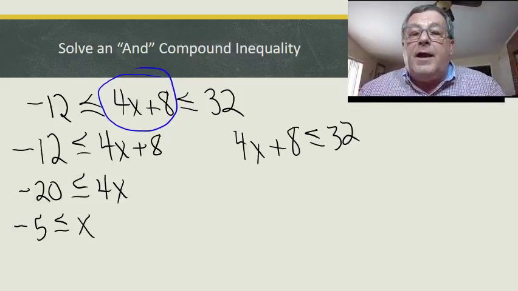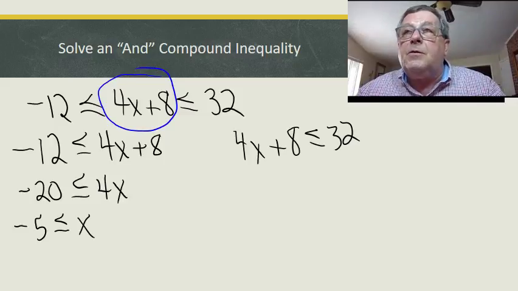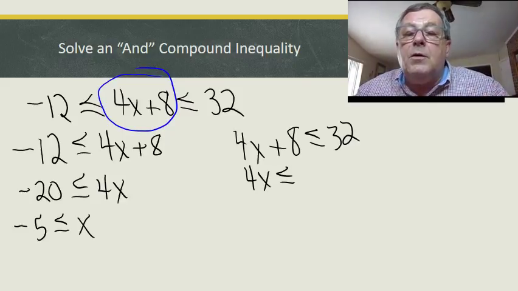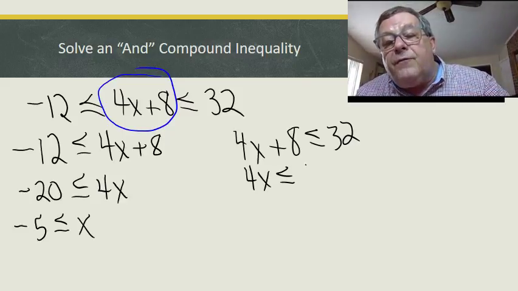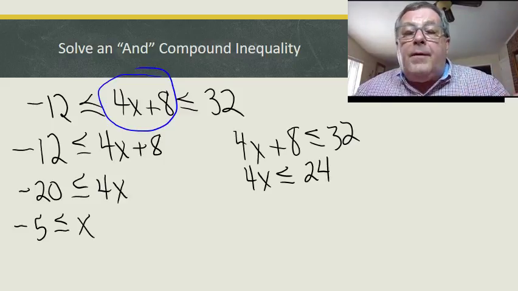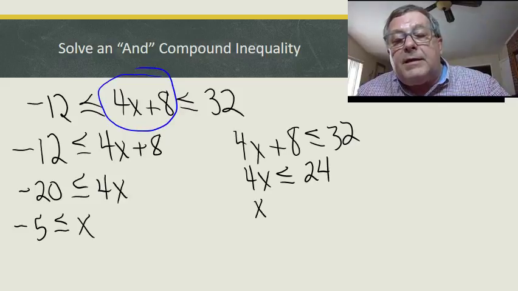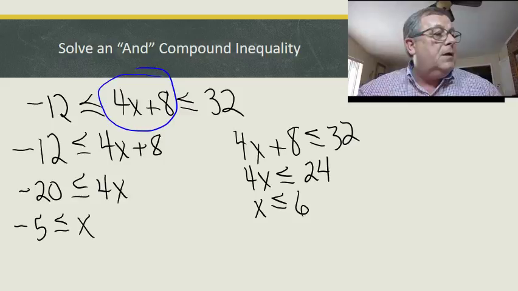Well, I'm going to subtract 8 from both sides so I get my constants all on one side. And then when I do, I'm going to have 4x is less than or equal to 32 minus 8 is 24. And we're going to divide both sides of the equation by 4. And x is less than or equal to 6.